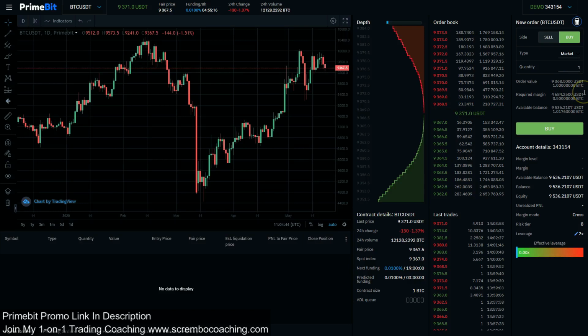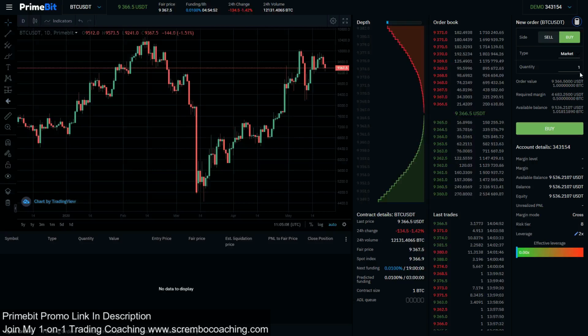Now here's the trick, guys. You've got quantity, and this is something you need to understand with leverage trading on PrimeBit. You've got this quantity where you actually put your order value, but the required margin to get that order value is divided by your leverage.